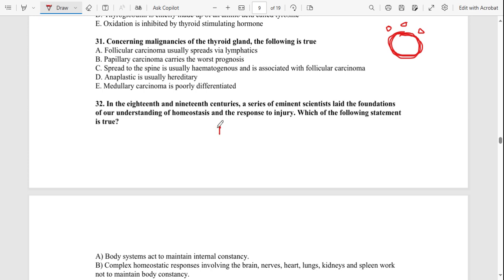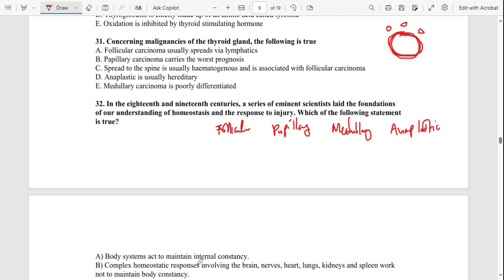You have got the follicular carcinoma, and then the papillary, and then the medullary. We also have the anaplastic. At least these are the main ones.